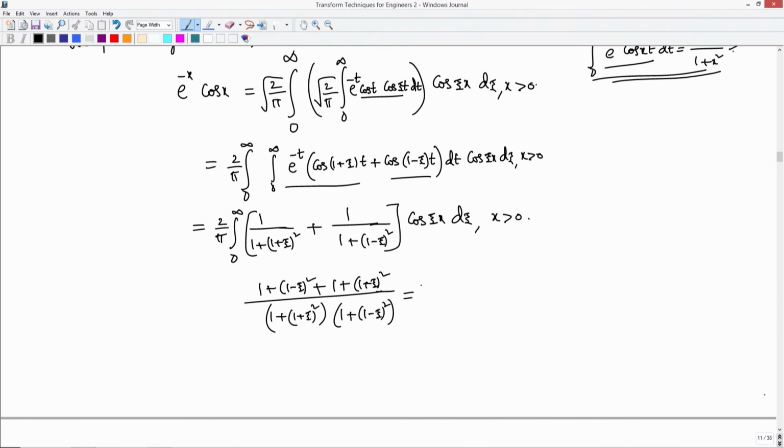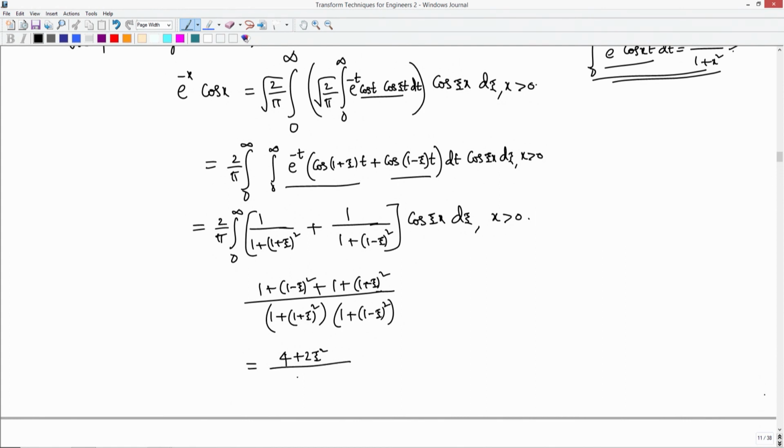So, let us work out what this is. The numerator will be 1 plus 2 plus 2, that is 4 plus 2 xi square. You have a minus 2 xi here and a plus 2 xi, that get cancelled.